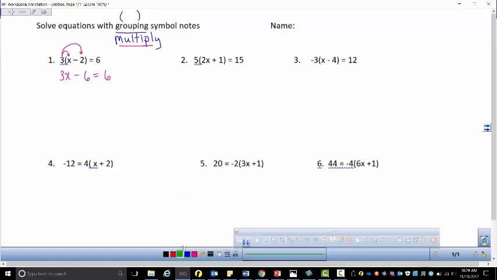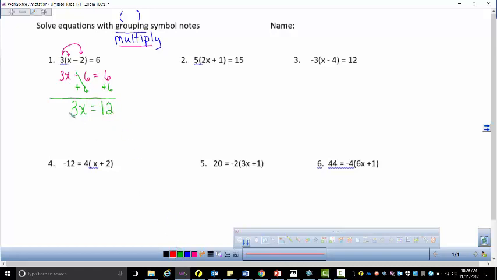And now we solve. We have to do plus 6. These cancel. 6 plus 6 is 12.